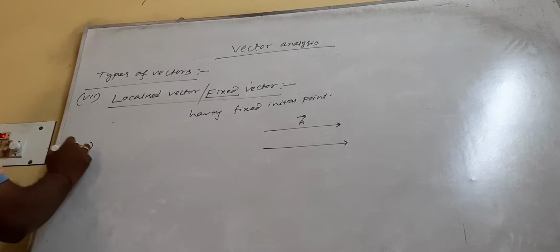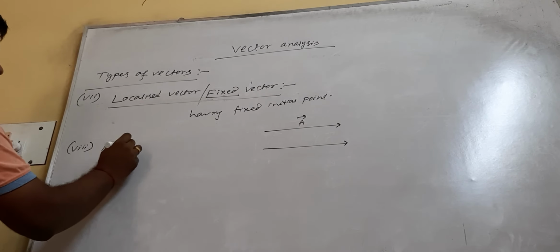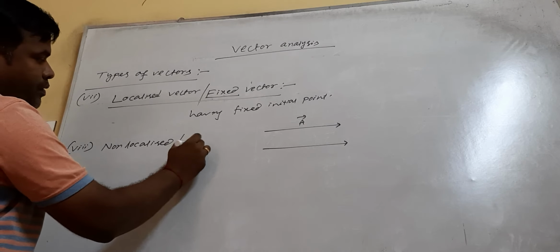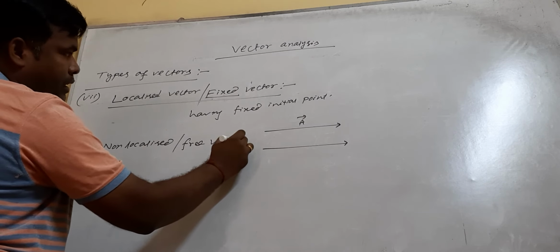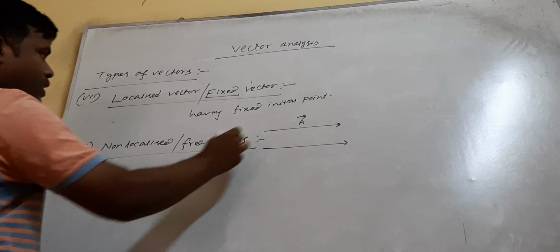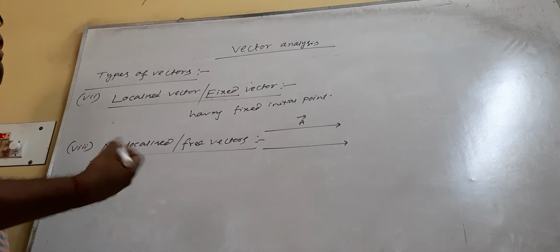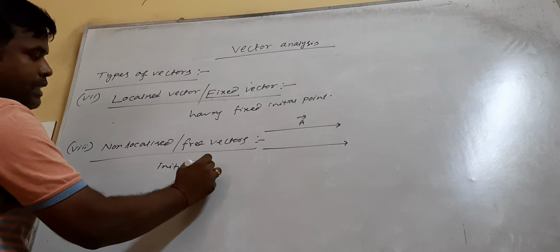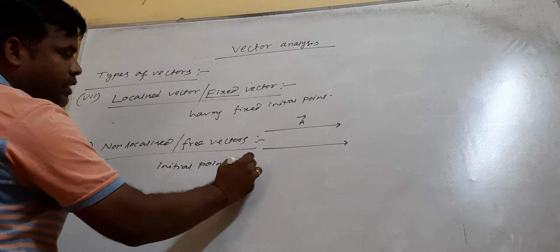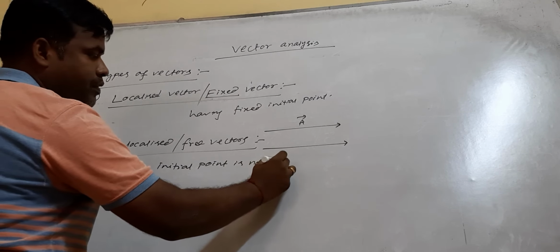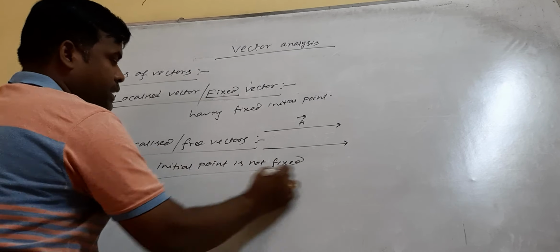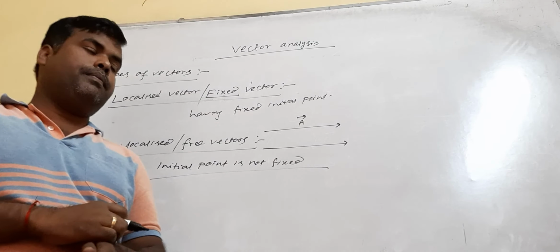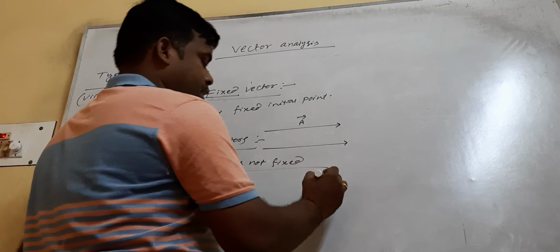Next is non-localized or free vectors. The initial point is not fixed. Initial point not fixed means, suppose it is a vector.